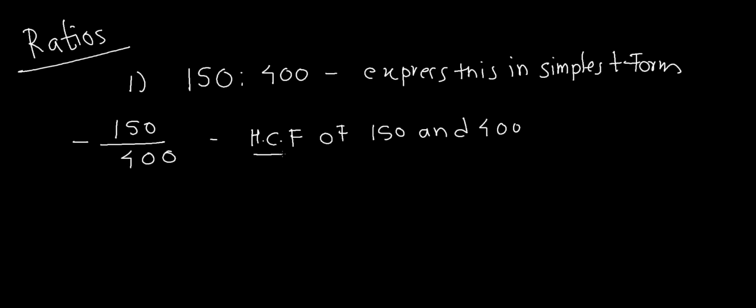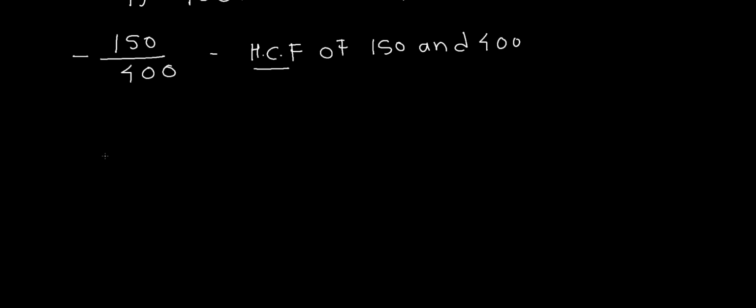Why HCF? Using HCF we can divide these numbers and make them into lesser quantities, and that will represent the simplest form of these ratios. So the next thing is to find out the HCF.